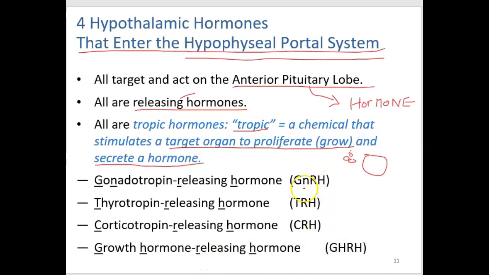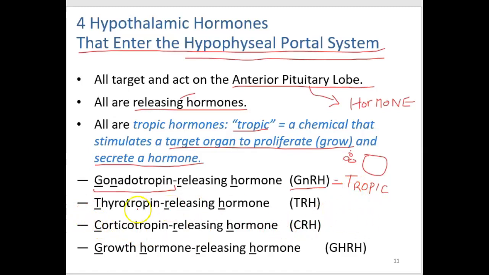The names of these four hormones are kind of tongue twisters. The first one, gonadotropin releasing hormone, is going to cause the anterior pituitary to release a gonadotropin. So not only is GnRH tropic, but the hormone that it causes to be released is also tropic.